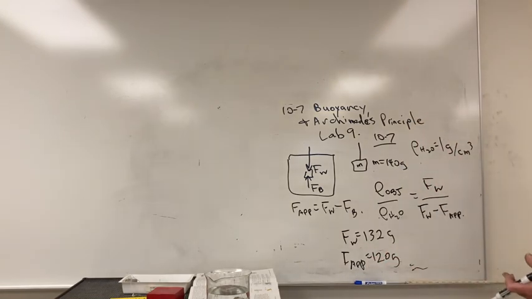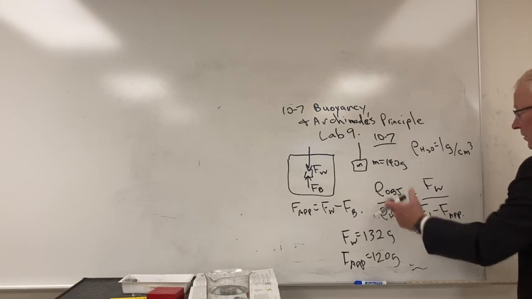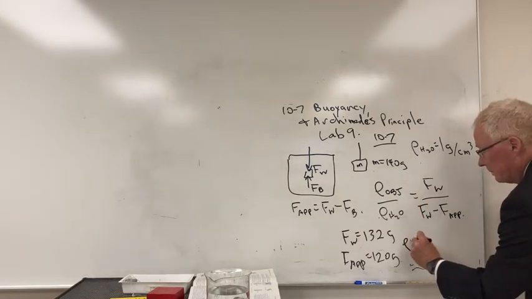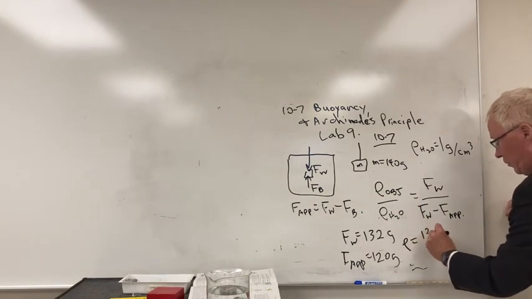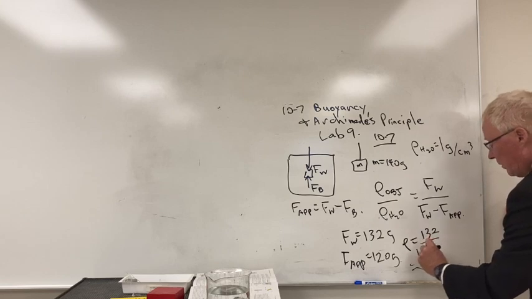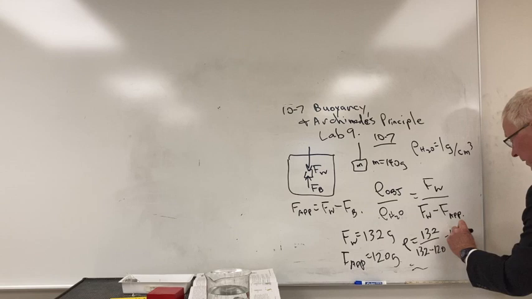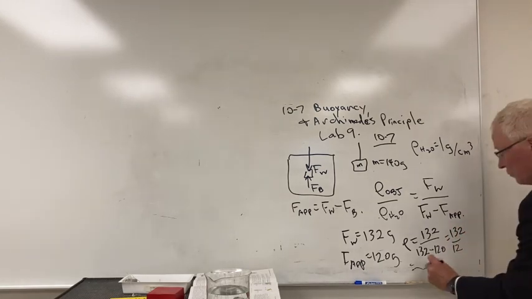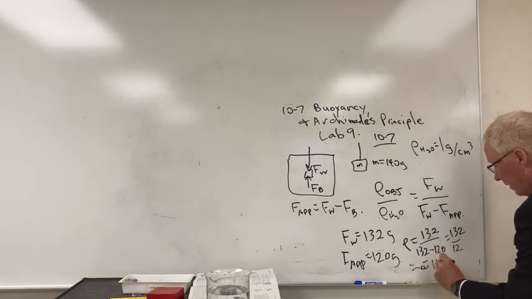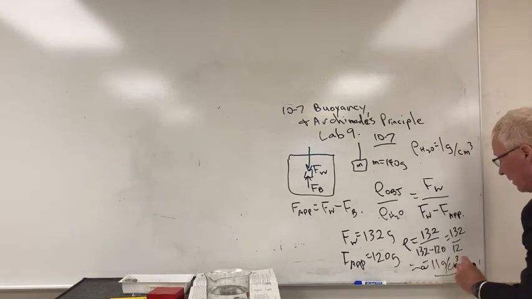So what is the density going to be? Because this is 1, the density will be 132 over 132 minus 120, which would be 132 over 12, which is roughly 11 grams per cubic centimeter. That would be the density.